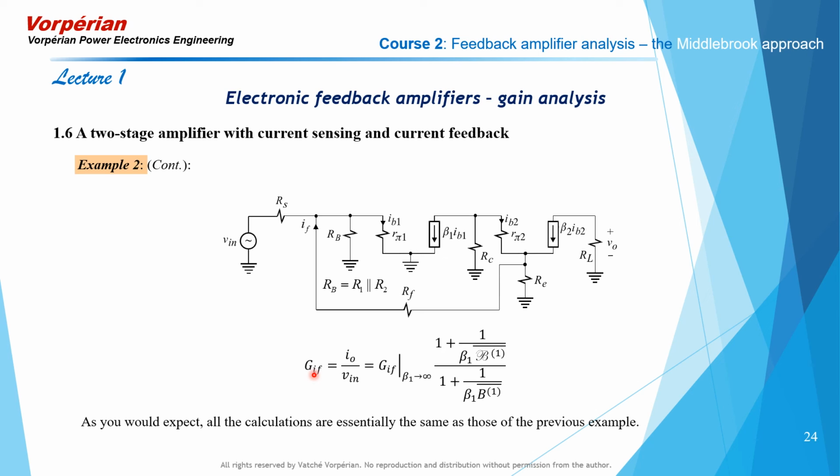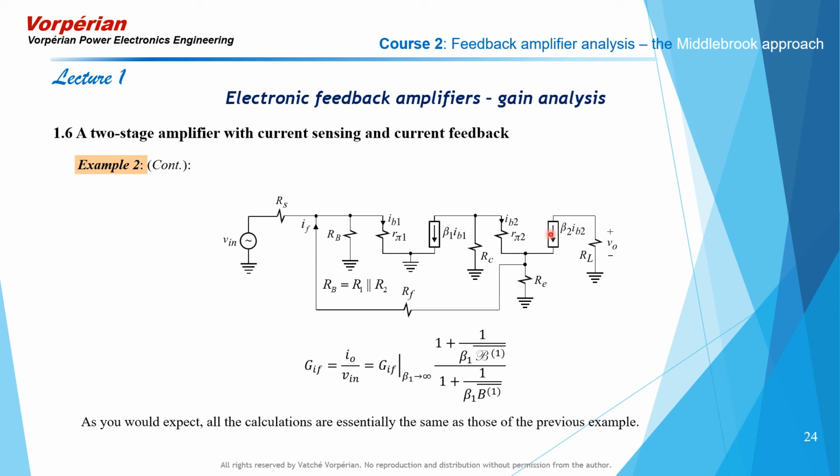Now you might ask, why didn't I pick up beta 2 as my amplifying element, which goes to infinity? Well, the reason is quite clear, is because when I make beta 1 go to infinity, the current gain from this point to that point goes to infinity.